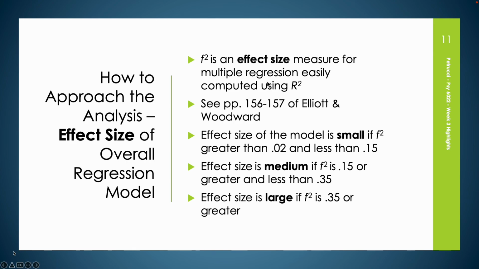So it tells us the magnitude of the effect. And the effect size of the model is small if the F-squared is less than 0.15. It's medium if it's 0.15 and less than 0.35, and it's large if it's 0.35 or greater. So that's very easy to compute, and that tells us the magnitude or strength of our overall model.